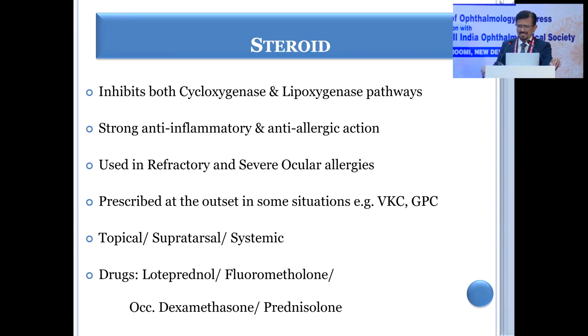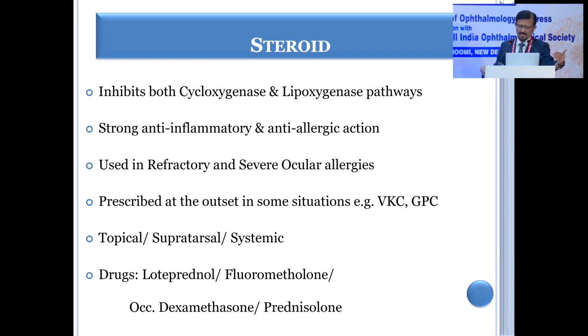Of course, steroids are the final, we say, brahmastra of everything. When nothing is working in cases of allergies, we have to use steroid. Some patients come with severe allergic symptoms, marked cobblestoning; when you evert the lids and see the marked giant papillae, you have to use steroid because it is very essential.